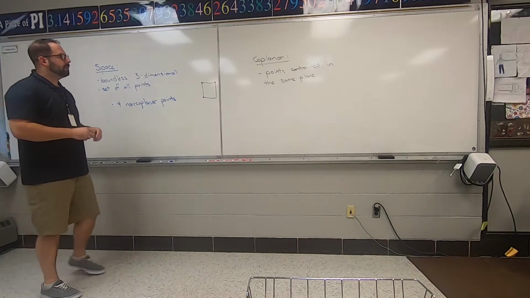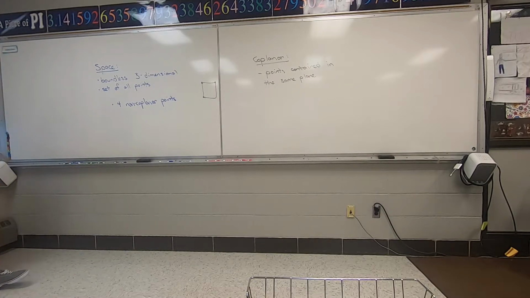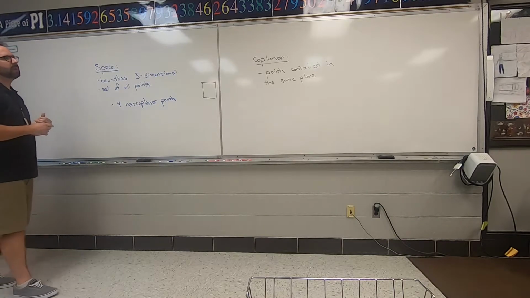You can't just pick all 4 on one wall. It just defines the plane of the wall itself. So it has to be non-coplanar, at least 4. Really 3 of them are always on a plane, but the 4th one wouldn't be, and that would give you the depth to the room.